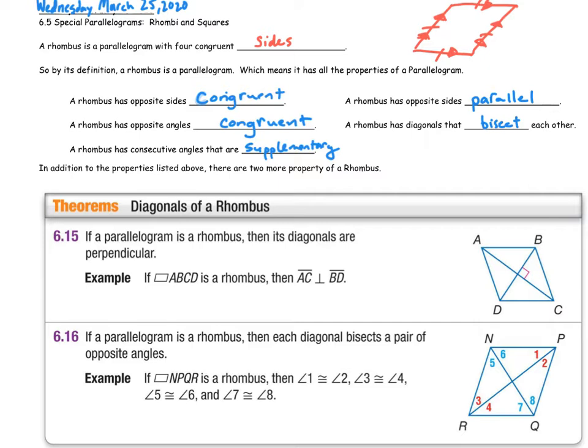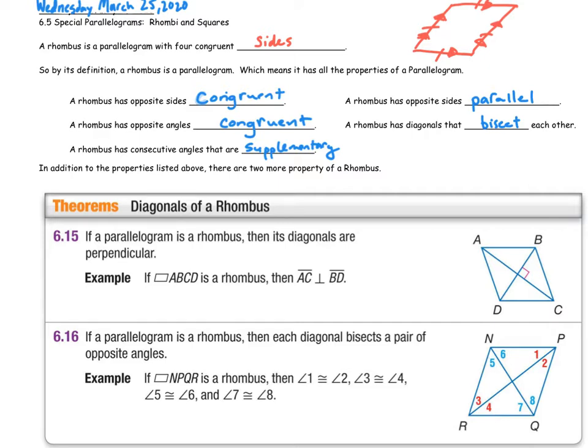If a parallelogram is a rhombus, then the diagonals bisect a pair of opposite angles. So here this diagonal RP cuts angle NRQ in half, and it also cuts angle NPQ in half. This diagonal NQ will cut angle RNP in half, and it will also cut angle RQP in half.